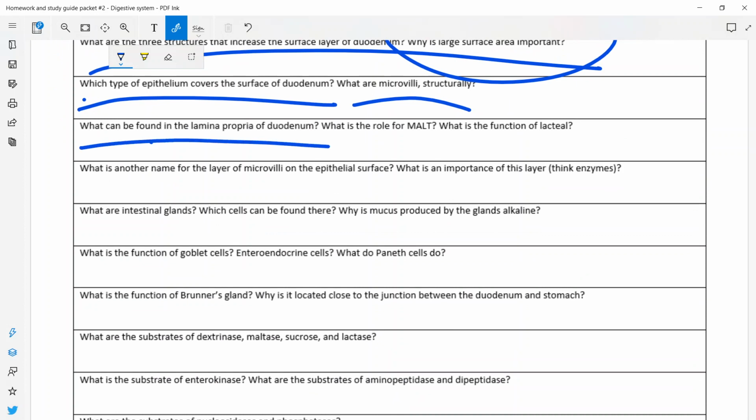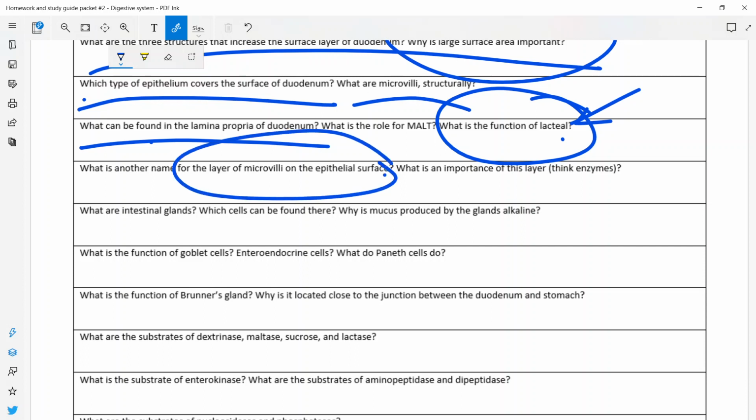Lacteals are lymphatic vessels that absorb fat. The layer of microvilli on the epithelial surface is also called the brush border. Importance: it contains enzymes that perform the last breakdown of large biological molecules before the building blocks are absorbed.